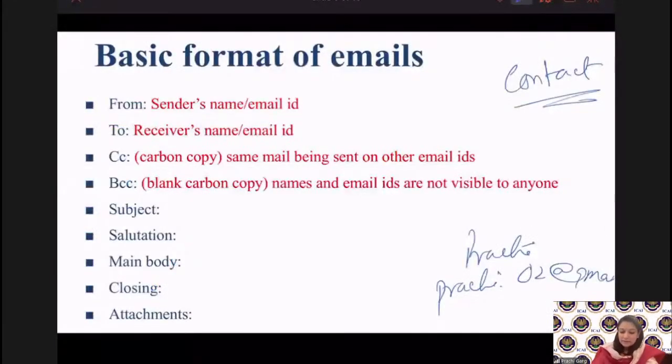Okay. Then comes the subject. Now, the subject is the main heading or main title of your email, right? Subject line is very important, just the way the title of article writing is very important. If your subject line does not specify what this email is about, and why the other person should even read your email, nobody will open your email.